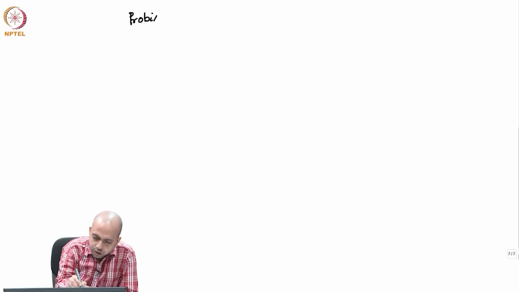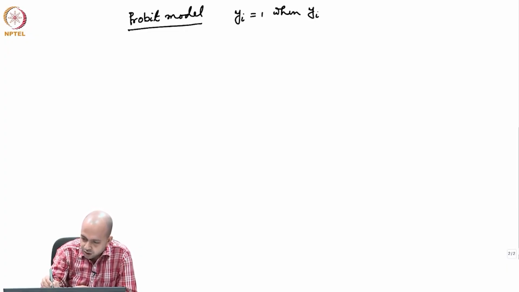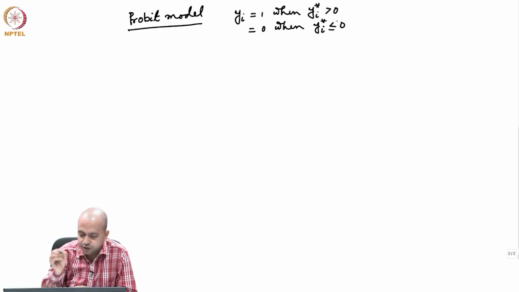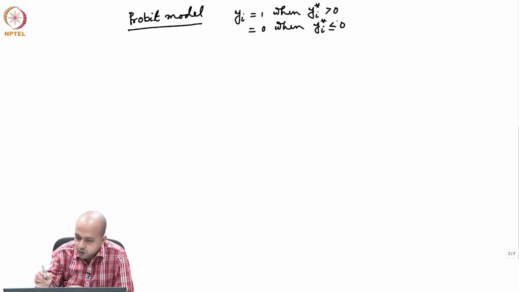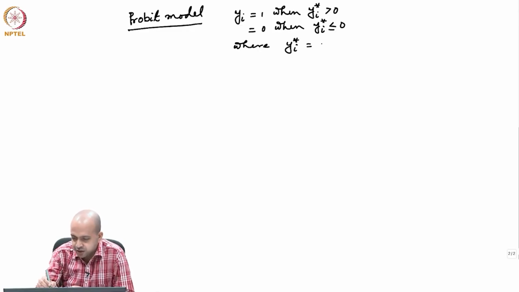If you recall, in the Probit model, our model was yi equals 1 when yi star is greater than 0, and yi equals 0 when yi star is less than or equal to 0, where yi star equals beta xi plus ui.